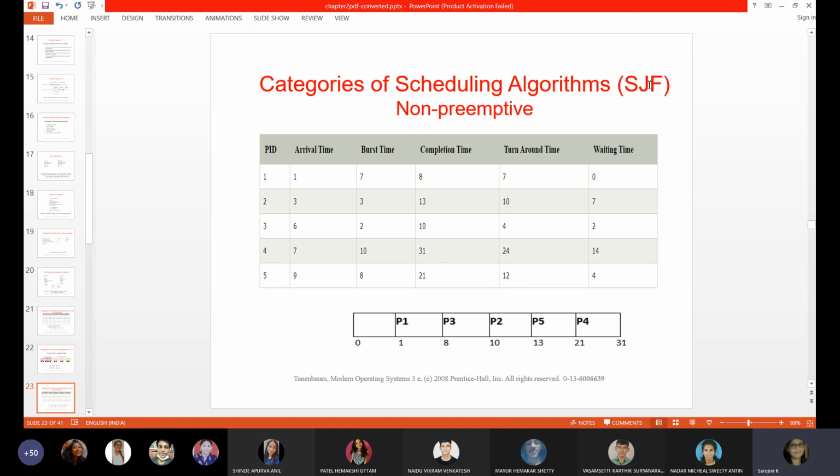Job is nothing but process. Remember, when they say shortest job and longest job, it all depends on the CPU burst time. So shortest job first means shortest process first. The process having very little CPU burst time should be given preference first. That is the shortest job first algorithm.